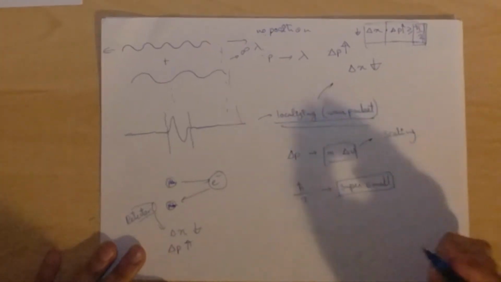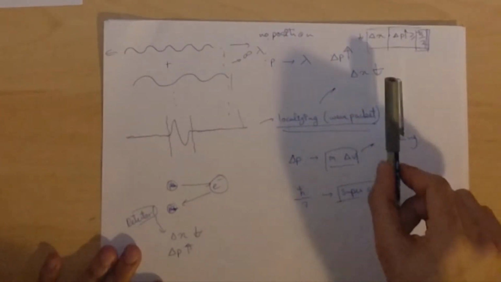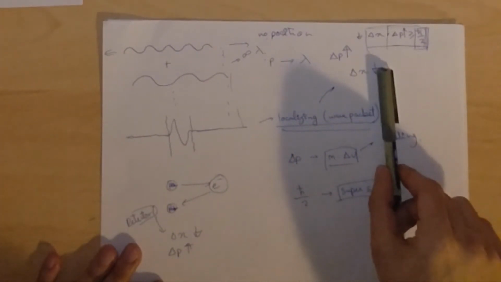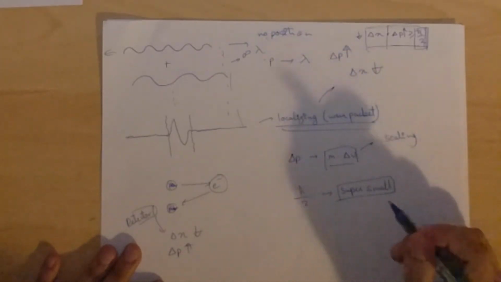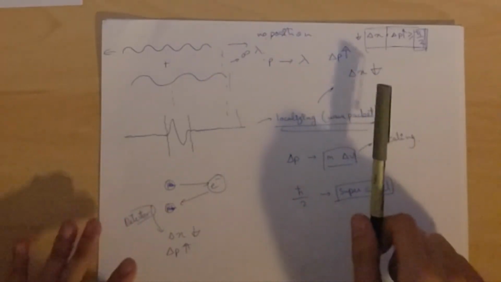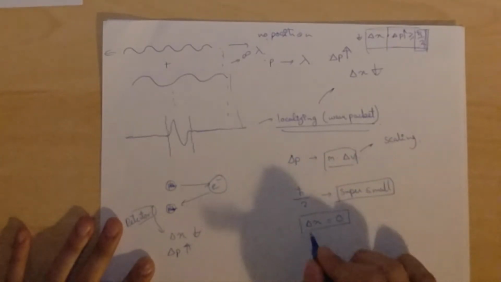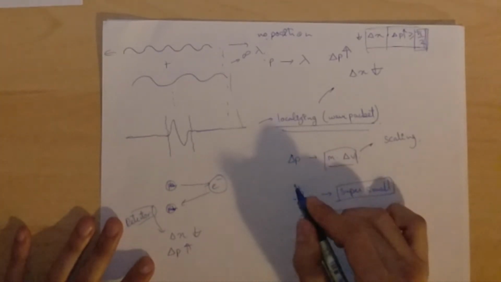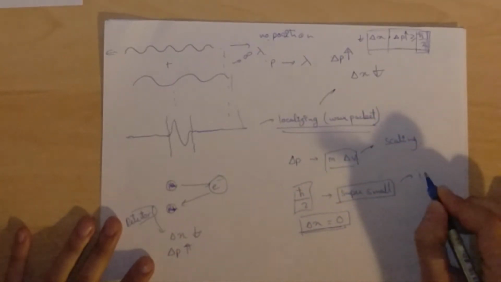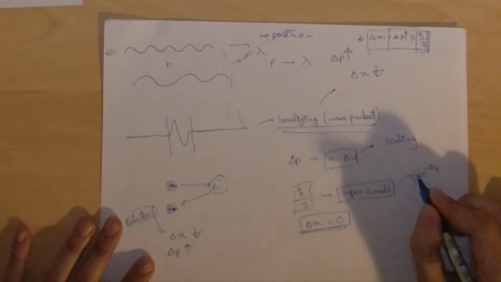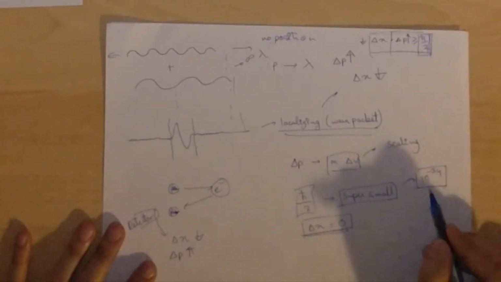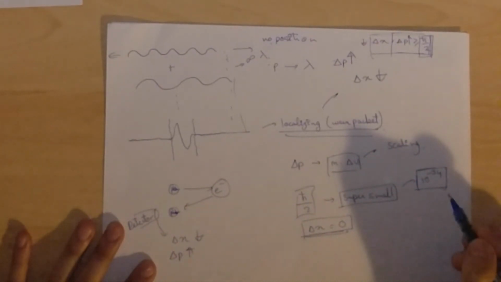And we don't even have ways of measuring the exact position of this pen down to the dot, like literally exactly where this pen is located. So delta x equals 0 is not actually possible with any measurement devices we have. This value is in the order of 10 to the minus 34. So you can think about how small this value really is.